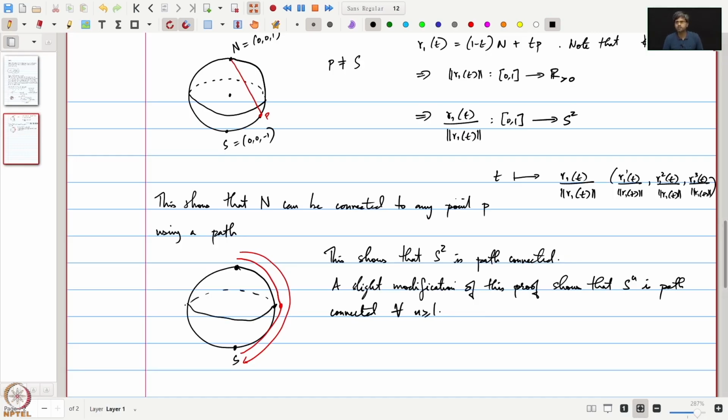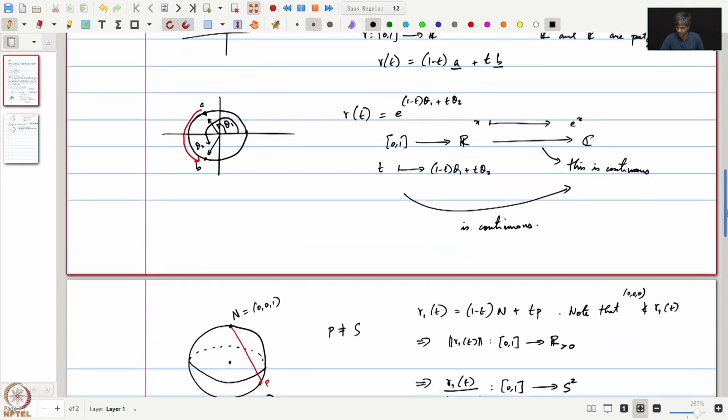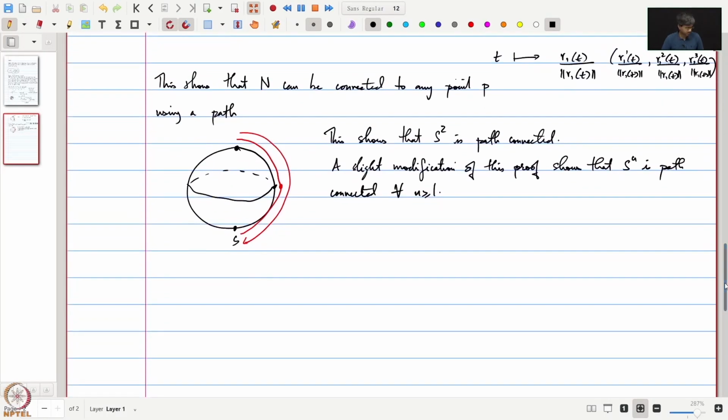In fact, this proof is better because then we don't have to worry about x goes to e to the power x being continuous. We can just do away with that. So we have seen some nice examples of path connected spaces where we actually make some pictures and intuitively imagine.